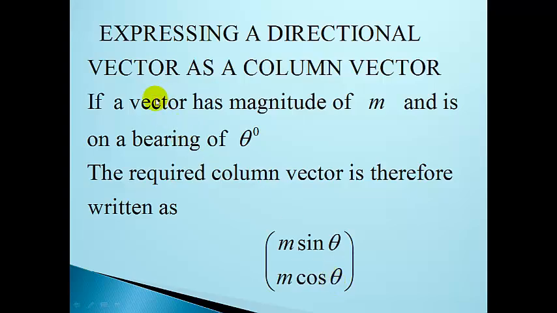That is, the x coordinate will be the magnitude times the sine of the bearing, and the y coordinate will be m times cos of the bearing, where m is the magnitude and theta is the bearing.